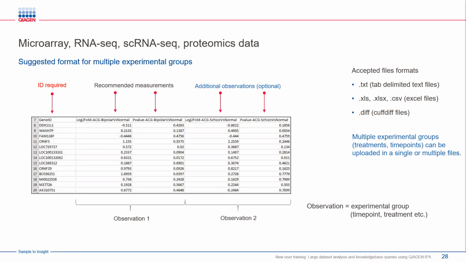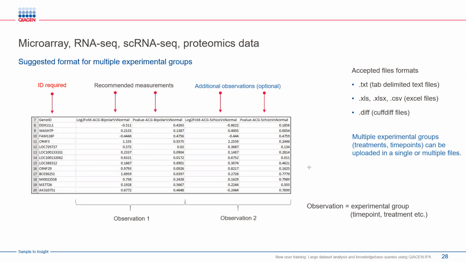There is a question that says p-values and FDRs are optional. How do they affect the analysis? That's a great question. So the p-values and FDRs are optional. Typically you use p-values when you're working with multiple samples, right? Like if you had multiple replicates, you were able to generate a p-value. It comes into the picture when you're uploading the data. You want to filter out your non-significant genes, right? You obviously don't want genes of low significance in your analysis.